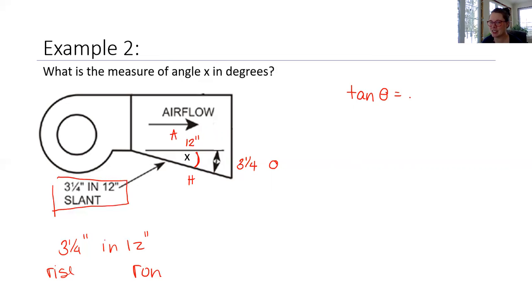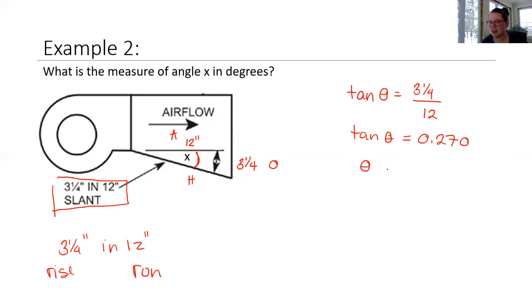So the tangent of the angle is opposite, which is 3¼ over 12. Putting that in your calculator, tan of the angle is going to be equal to 0.270.